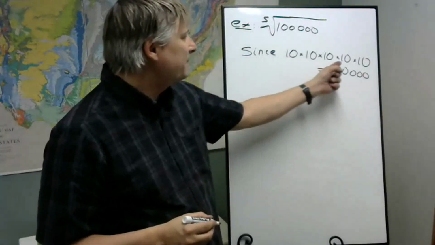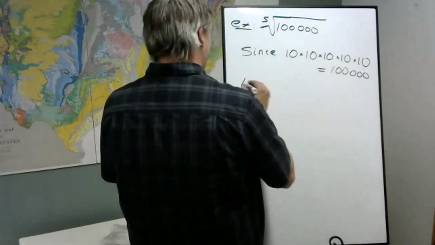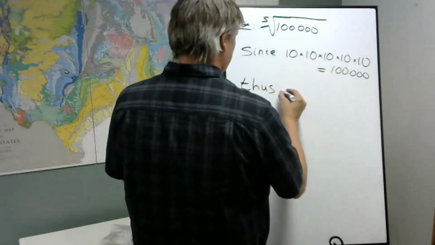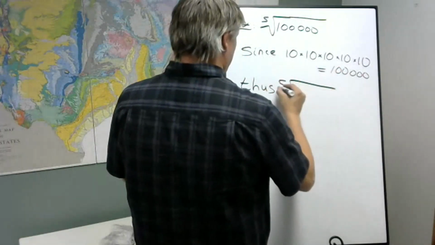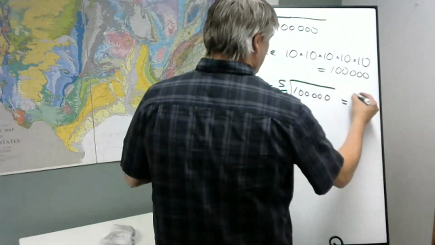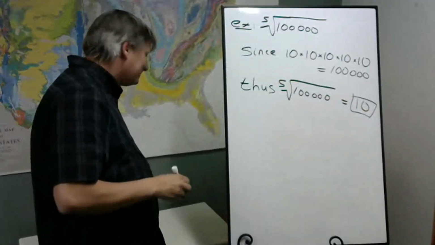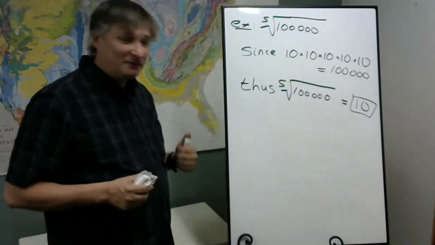And since these are all the same number, and there's 5 of them, we can take the fifth root, and the fifth root of 100,000 is going to be equal to 10. All right.